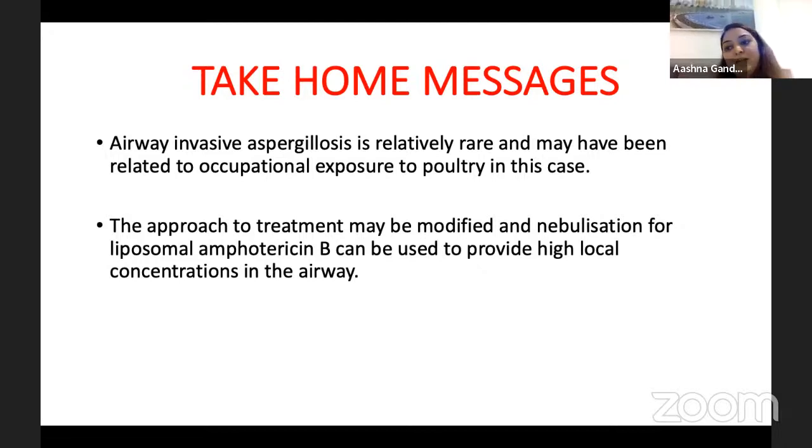He said that he used to drive a chicken cart every day with a lot of chicken, and he used to get exposed to the feathers of the chickens and all. So we assumed that probably it was an occupational exposure to a lot of aspergillus. He had inhaled a lot of it, so maybe that was the reason he got such an extensive disease. So the approach to treatment may be modified, and nebulization of liposomal amphoB can be used to provide high concentration in the airway.